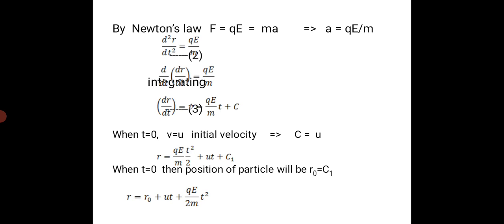Therefore, the equation for position or displacement r is equal to QE t square by 2m plus ut plus c1. When t is equal to 0, then position of particle will be r0 equal to c1. Therefore, r equal to r0 plus ut plus QE by 2m into t square.